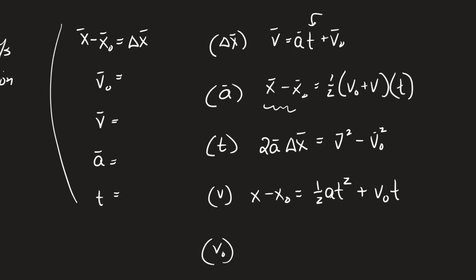They can be used to solve any uniform accelerated motion problem. So all you've got to do maybe is solve this one for initial velocity, plug it in here, and you'll have the last one.